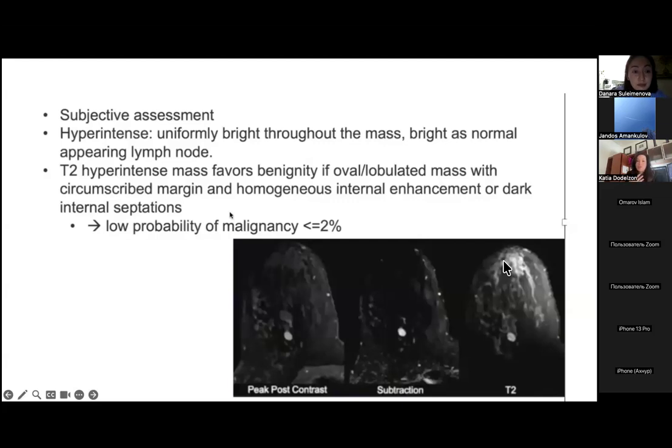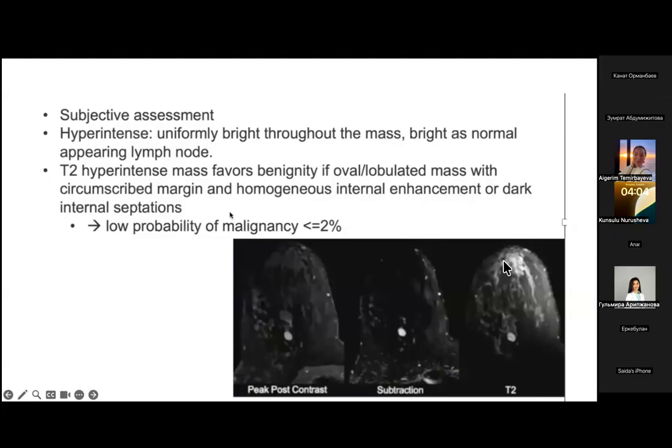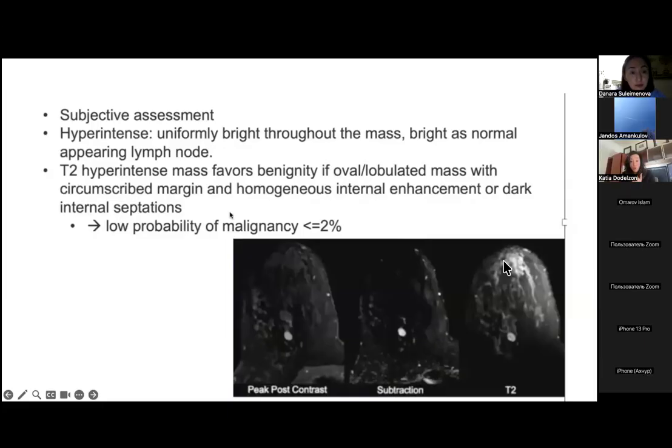Normal lymph nodes are very, very, very bright on T2. And if you have T2 hyperintensity and the other morphology of the mass is reassuring, such as oval and well circumscribed, it favors benignity. Not 100%, but less than 2% likely to be malignant. So it's something that can potentially be followed rather than biopsied.